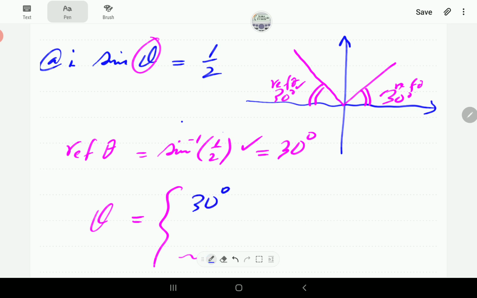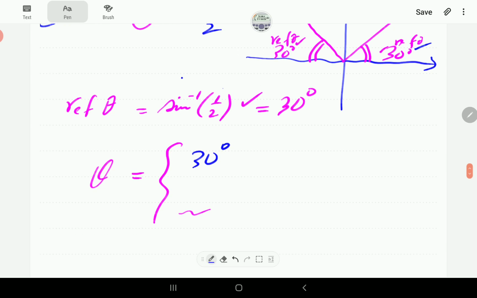It's the one in the first quadrant. The one in the second quadrant, this angle here, if this is 30, then this angle here is going to be 150, which is 180 minus 30. So it's going to be 150 degrees.